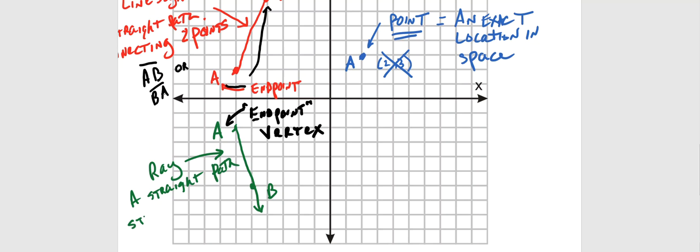It starts at a vertex. In this case, remember our vertex is the starting point A, and passes through. It doesn't stop at, it passes through a second point.